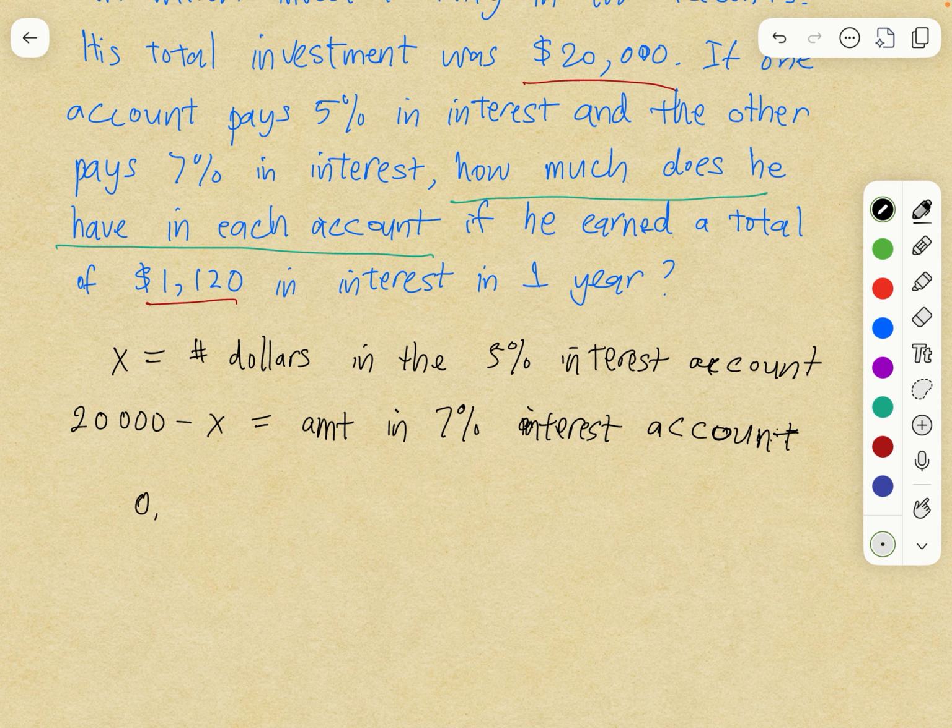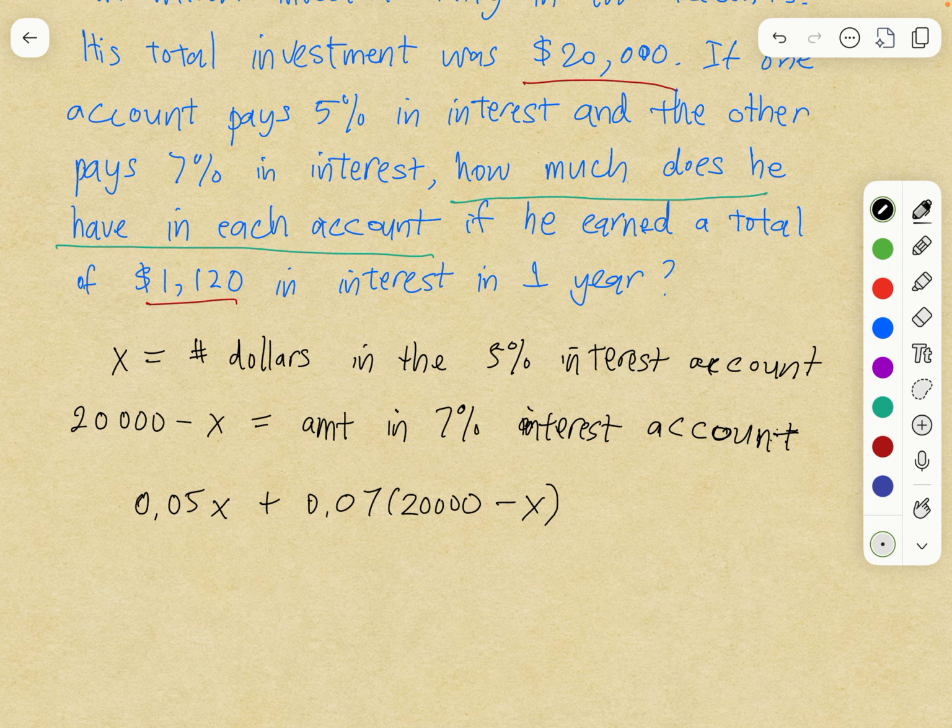Well, it would be 0.05 times X, because it's 5% of X. So that's the amount of interest in the 5% account. And what's the amount of interest in the 7% account? Well, it would be the amount of dollars in the 7% interest account, which is 20,000 minus X, times 0.07. So 0.07 times 20,000 minus X.